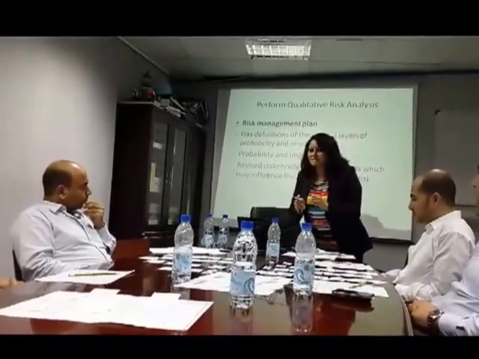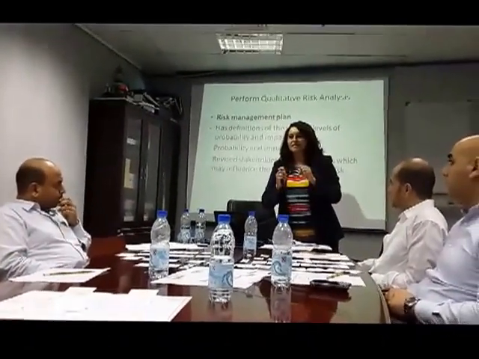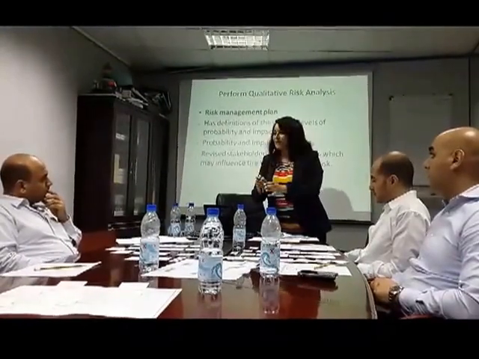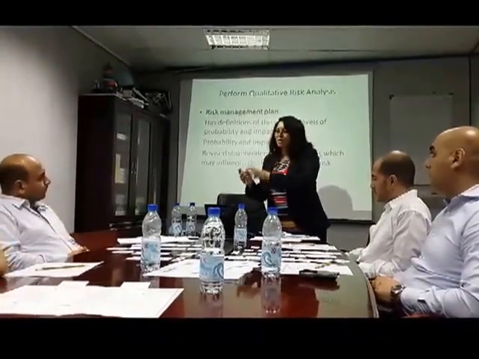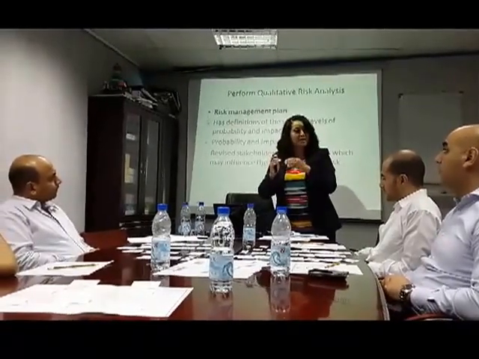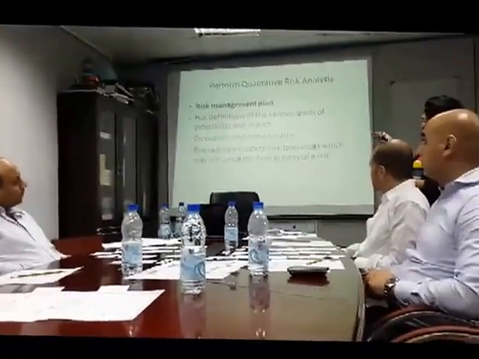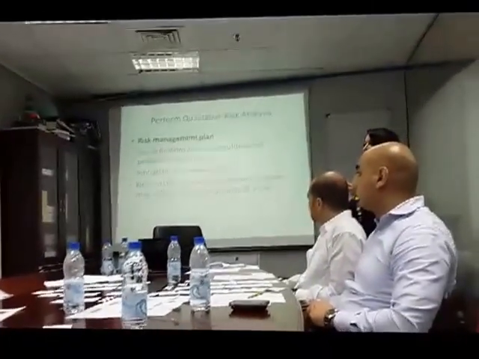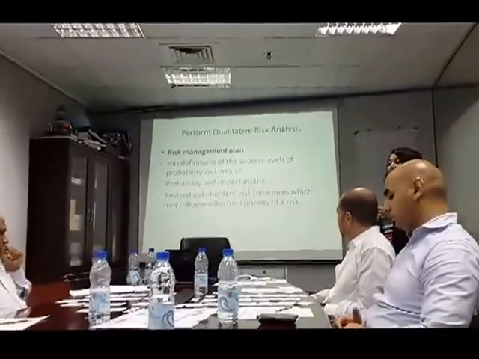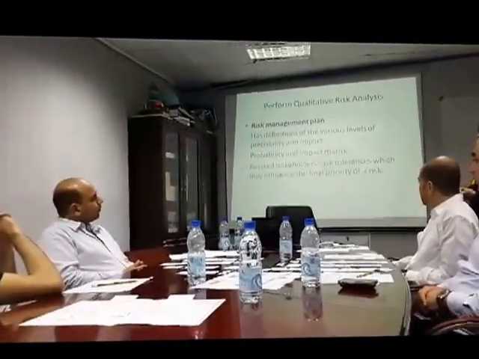Because in qualitative analysis I want to see what is the probability of a risk happening, and if it happens, what is its impact, right? In order to rank it, to prioritize it. So, the risk management plan tells me the various levels of probability and impact, and it shows me a probability and impact matrix, okay, that we're going to use now.